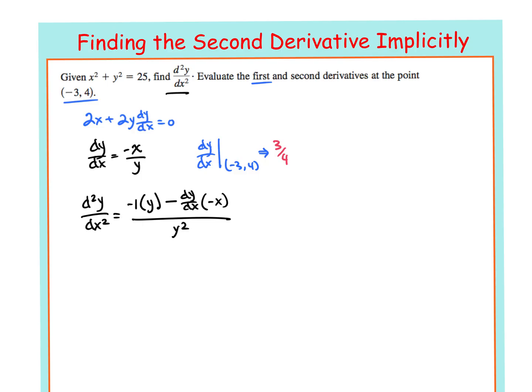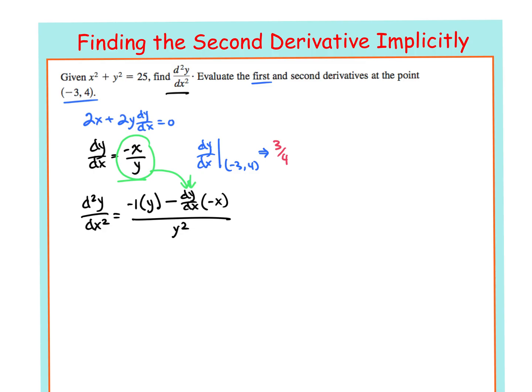All right? And so what's vitally important that we need to see here is that dy dx is equal to -x over y. Well, what do we have in our second derivative? dy dx. So guess what? We substitute it in right there.